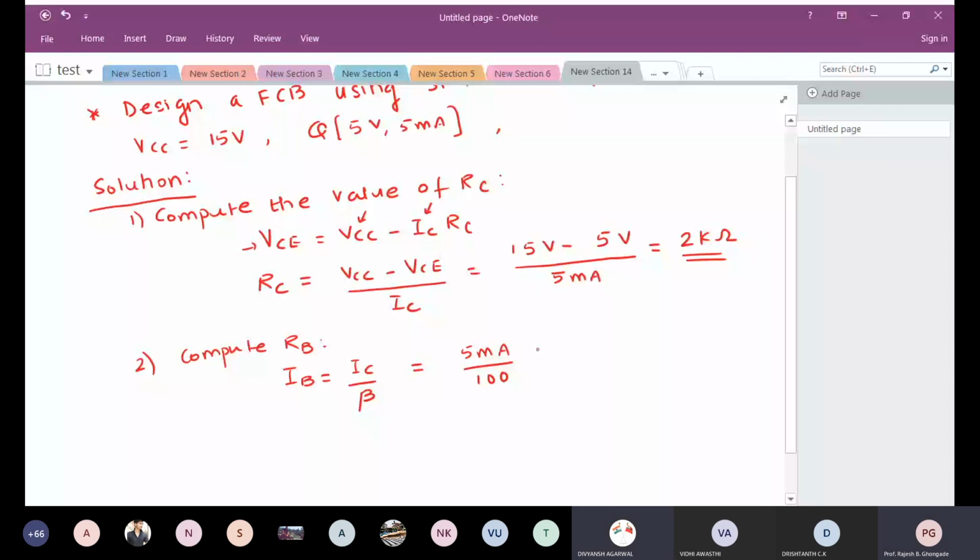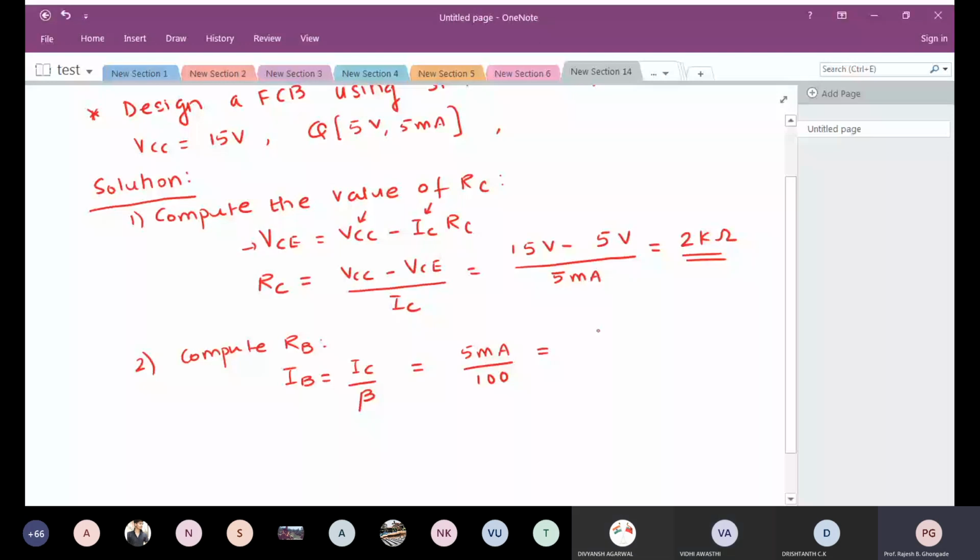So this turns out to be how much? Find out. Come on, quick. Guys? So 0.05 milliamperes.